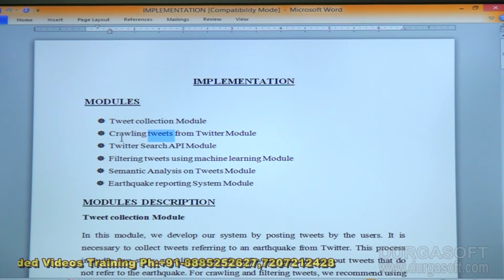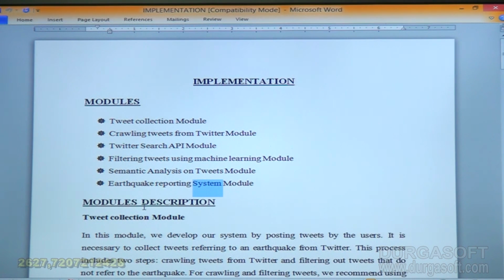That is what crawling is. And the Twitter search API module, filtering tweets using machine learning module, semantic analysis on tweets module, earthquake reporting system module. So how we are maintaining all the report generation, all the systems. We are majorly categorizing it into 6 modules. Try to find out these 6 modules, as we divided the entire project into sub modules.